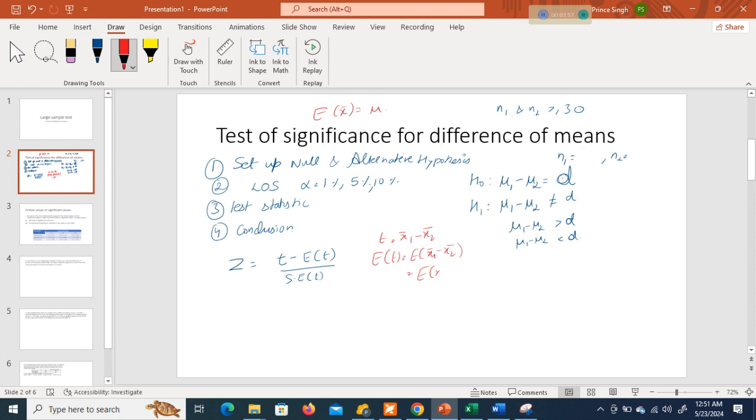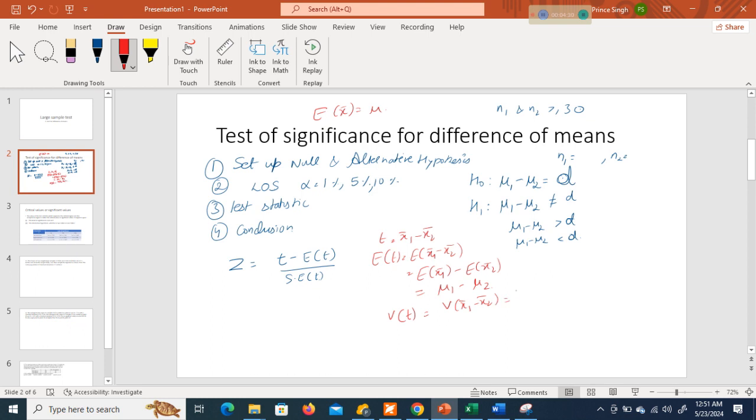By using the linearity property, if x1 bar comes from the population whose mean is mu1, and x2 bar comes from the population whose mean is mu2, then expectation of t is mu1 minus mu2. The next one is the standard deviation. Firstly we need to calculate the variance, so variance of x1 bar minus x2 bar.